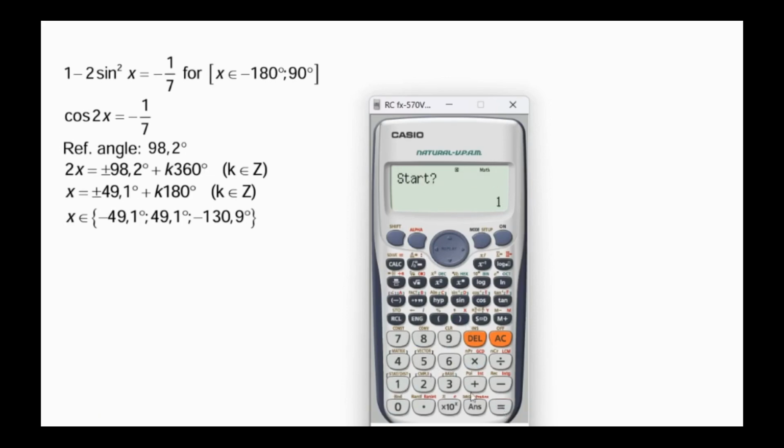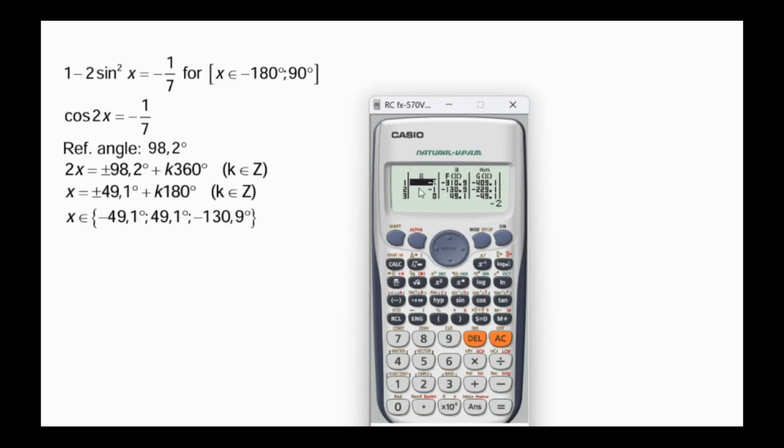Then you can start, let's say, from negative 2 and then up to 2, with step 1. It's like you're entering k as negative 2, negative 1, 0, 1, 2. Then you press the equal sign. You see, these are the solutions.